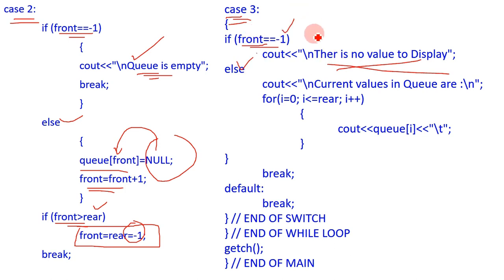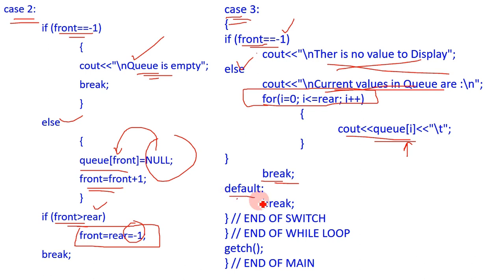Else, if the queue is not empty, meaning values exist in the queue, use a single for loop and print queue of I. This will display all the elements in the queue, and break this case.